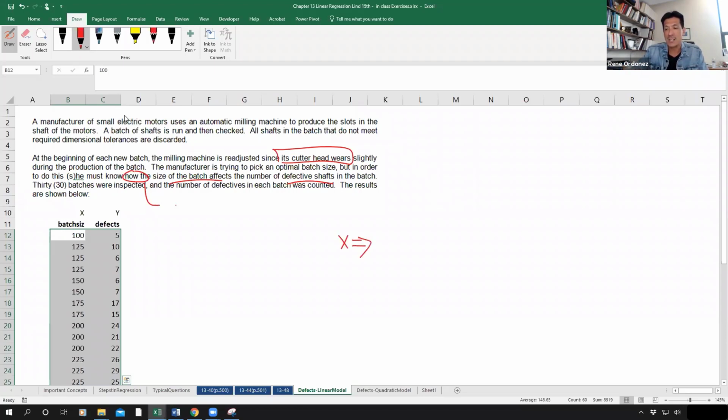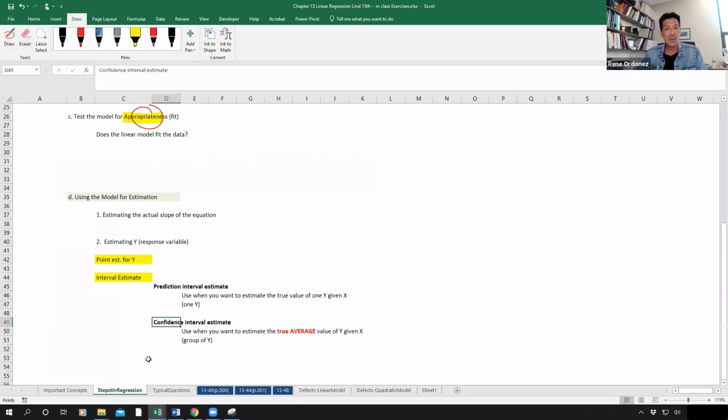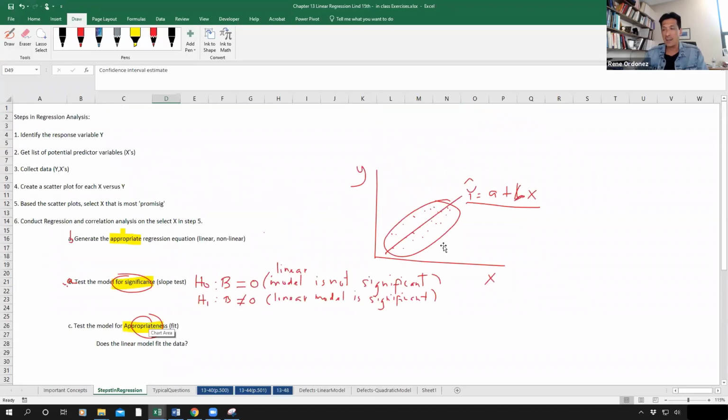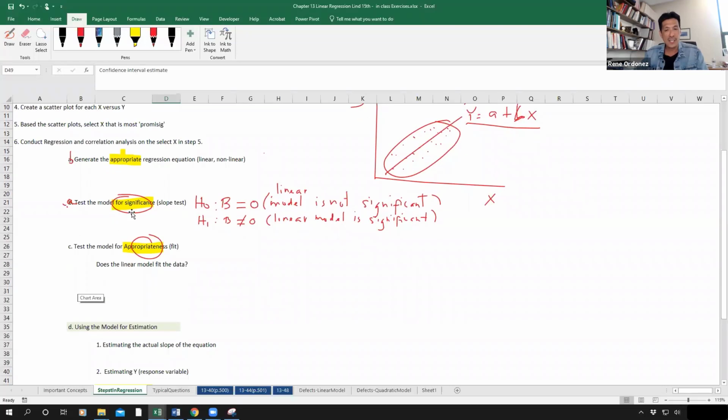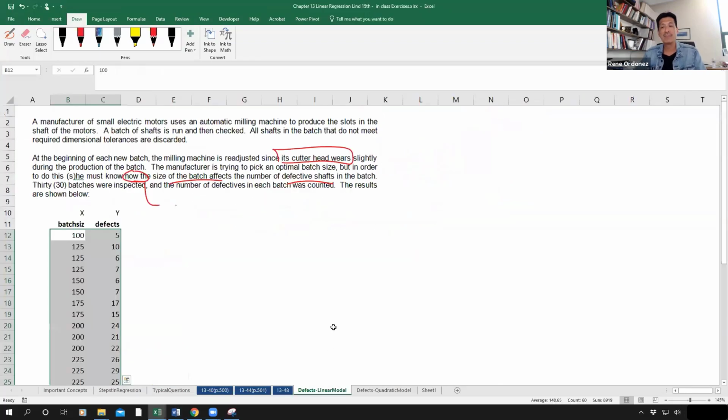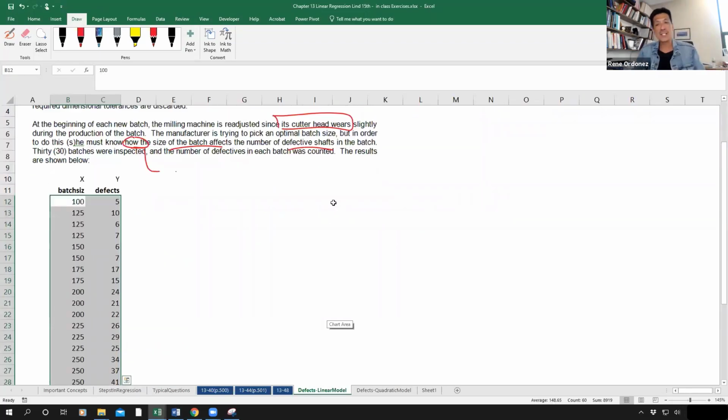The question is, how many defective units will that produce? Before we can answer this question, we have to first establish this relationship between X and Y. Okay, so we're going to run a regression analysis to answer that question. And once again, we will subject whatever the resulting linear equation is through a significance test and an appropriateness test. All right, let's do this.